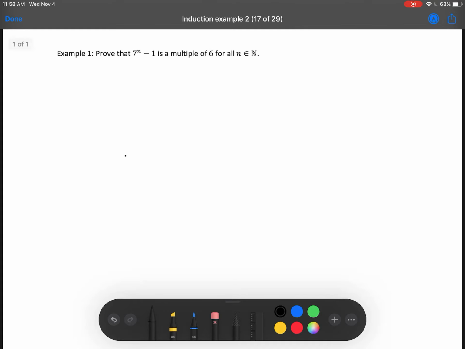Okay, so the first thing that we want to do is our base case. Since we're doing all natural numbers n, that starts with n equals 0. So we're going to plug in n equals 0, so it's 7 to the power 0 minus 1.